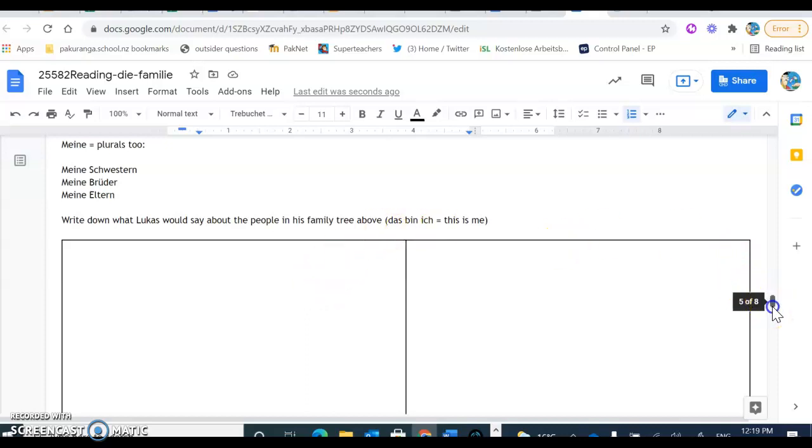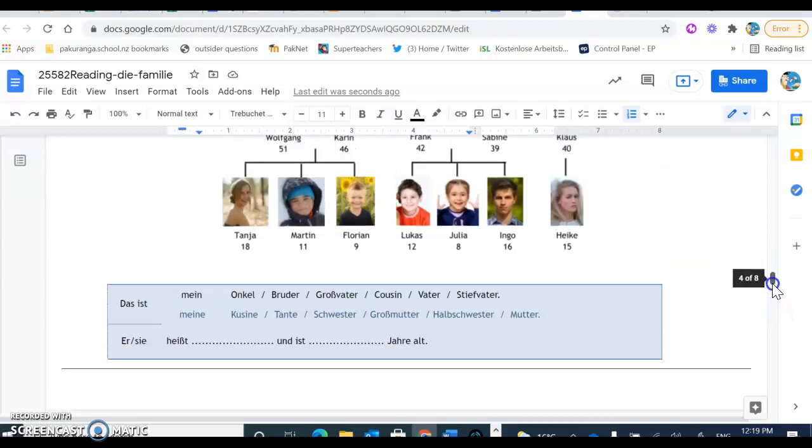Yeah. So, for instance, if I said, das ist meine Schwester Julia und sie ist 8 Jahre alt. So that's my sister Julia and she is 8 years old.